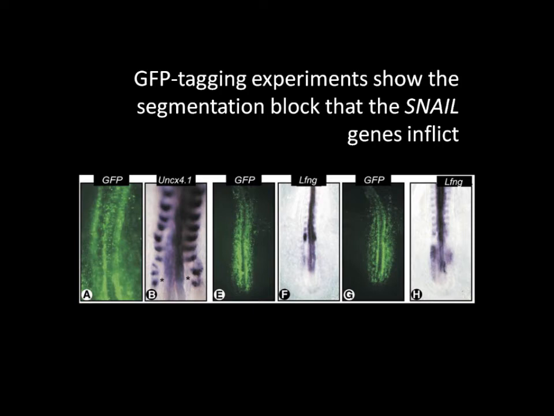So that tells us that regulation of the expression of SNAIL is Wnt dependent. But nevertheless, when we misexpress SNAIL and cause an overexpression, we do impact on the oscillations of the Notch target genes, showing that these two pathways are talking to one another, and that SNAIL forms an important hub of that crosstalk.